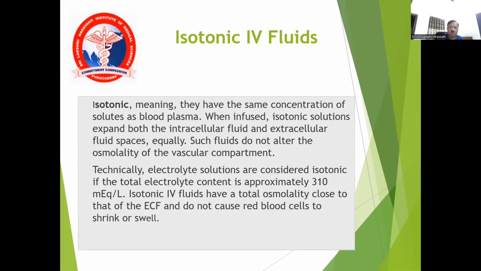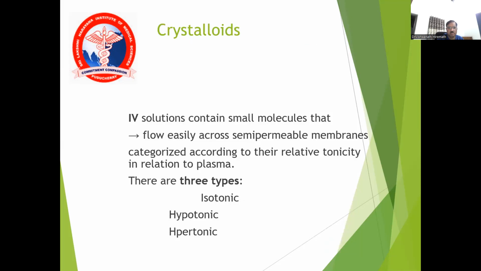Technically, electrolyte solutions are considered isotonic if the total electrolyte content is approximately 310 milliequivalents per liter. Isotonic intravenous fluids have the total osmolarity close to that of the extracellular fluid. They do not cause red blood cells to shrink or swell. The fluids are further classified into crystalloids and colloids.